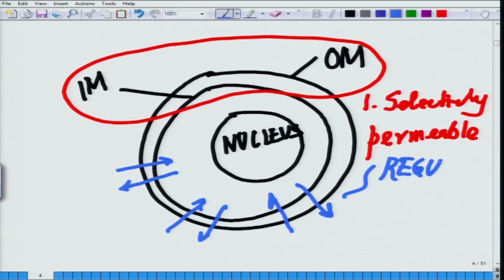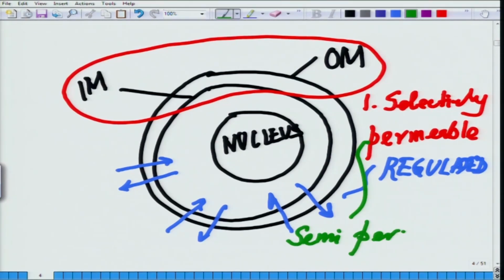It is not that anything can go in and anything can come out of it. It has to be very well regulated. That property is called selective permeability, and in some books you will find this is also called semi permeable membrane. It is permeable only to selective entities. All the membranes are like that.